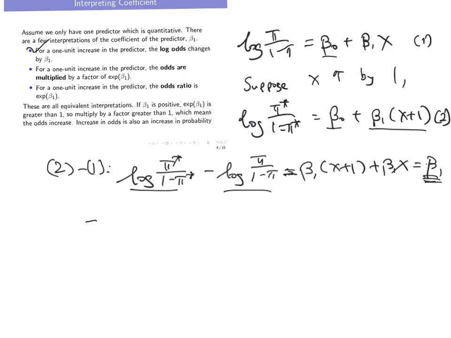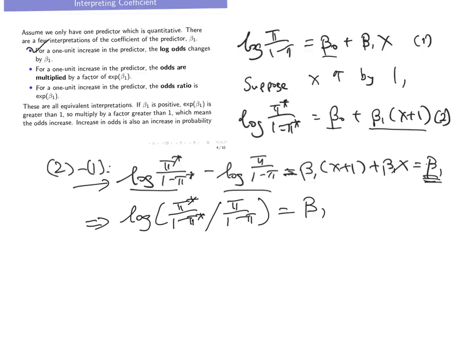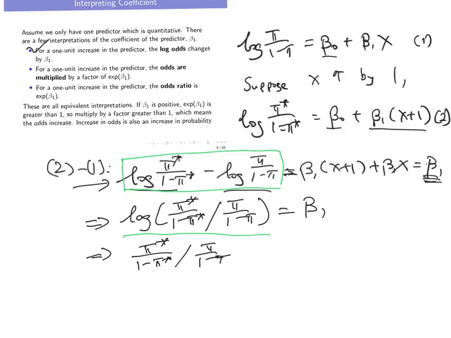Now, if I do a little bit of math on this equation, I can combine the log terms together. So from here, if I take the exponent on both sides, I get pi star over (1 minus pi star), divided by pi over (1 minus pi), equals exp of beta 1.